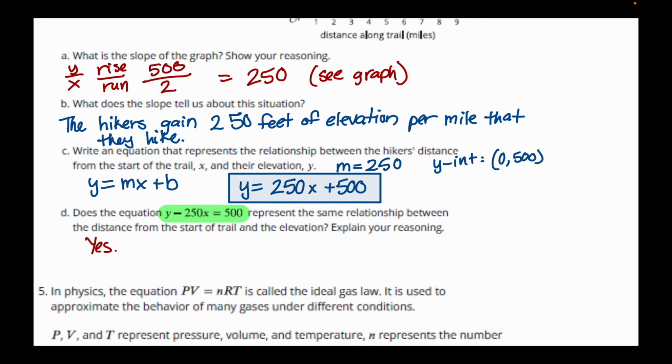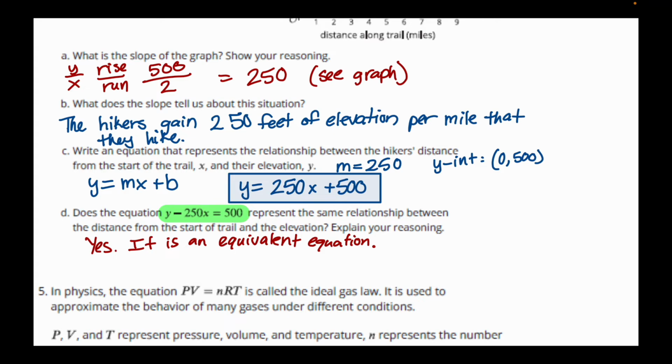Yes, it is an equivalent equation. And then we'll just put a period here, sorry.